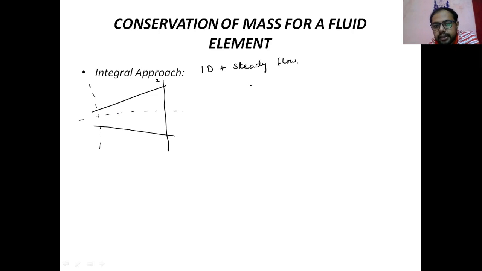If you remember the steady flow equation, we write del rho v is equal to C. It is a steady flow equation, and it is one dimensional. One dimensional means only the part along the x-axis is available. So this is the equation in your hand.